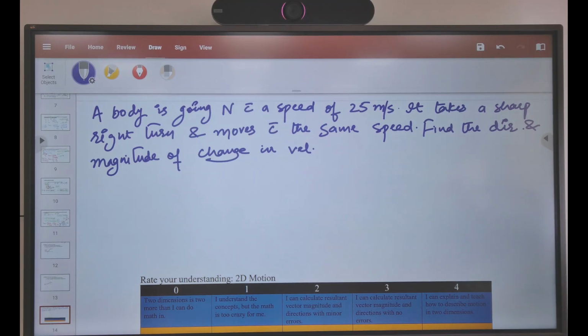Allah, Allah. Now you got the answer on your calculator.